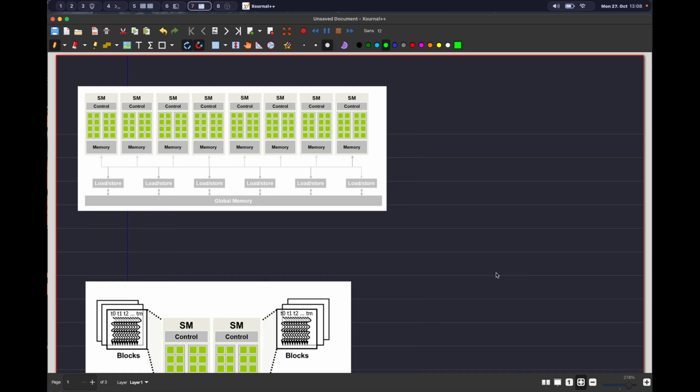Now, as a CUDA programmer, it is very important for you to understand the architecture of a GPU, how it looks like. So each particular GPU has multiple things called streaming multiprocessors. Let me write it down. Streaming multiprocessor.